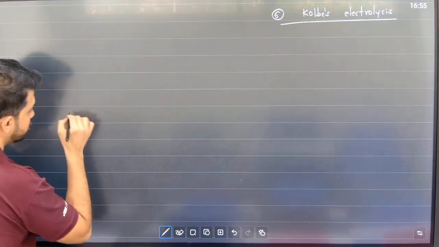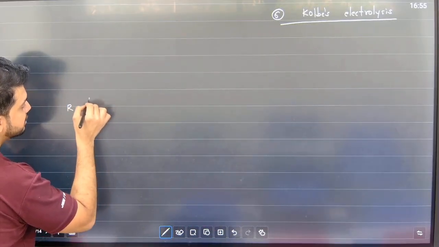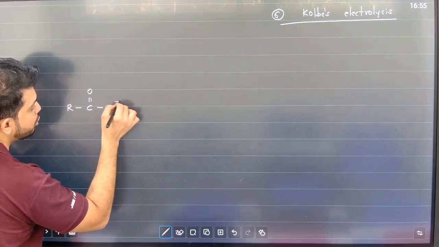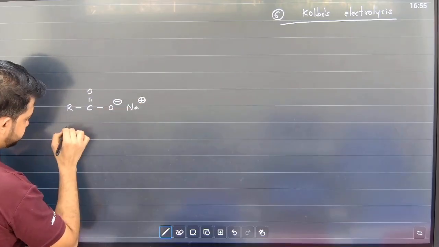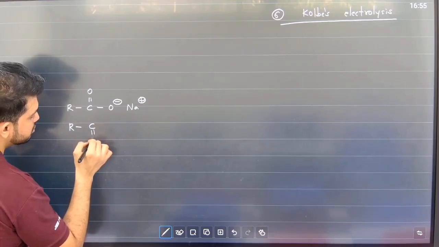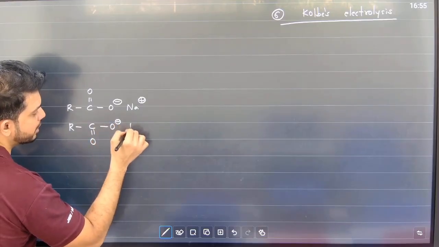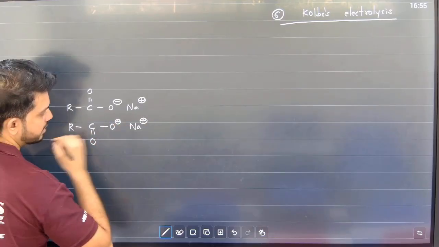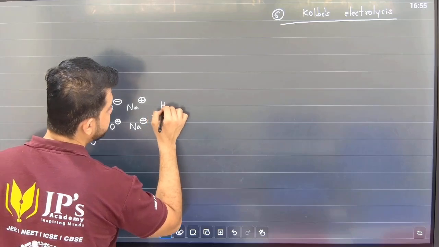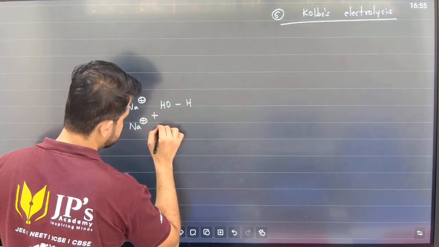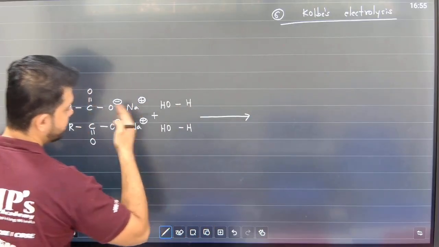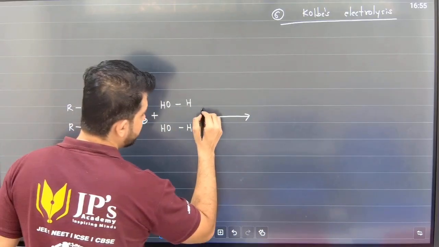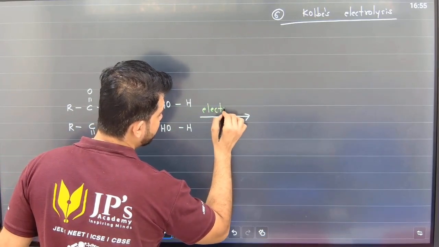For Kolbe's electrolysis, again we need a sodium salt of carboxylic acid, or you can also have a potassium salt of carboxylic acid. And students, we are performing electrolysis, so we make an electrolysis solution. So we have that salt in water, and I repeat, we are performing electrolysis.